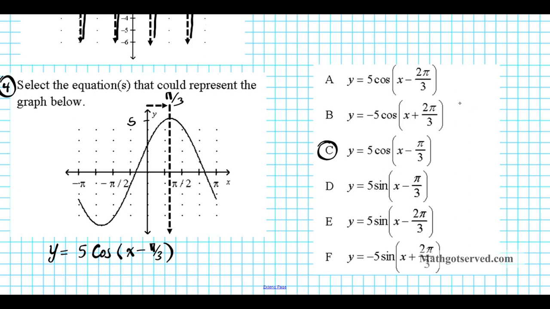The identity that we're going to use is the co-function identity: sine of theta plus pi over 2 is equal to cosine theta. What does this mean? This means that if you have a sine function and you shift it pi over 2 units to the left, what you end up with is a cosine function.